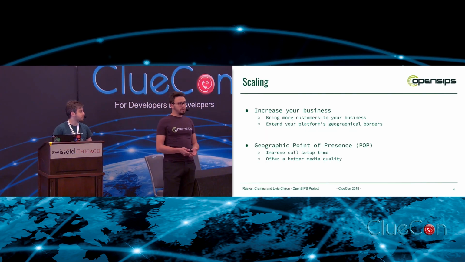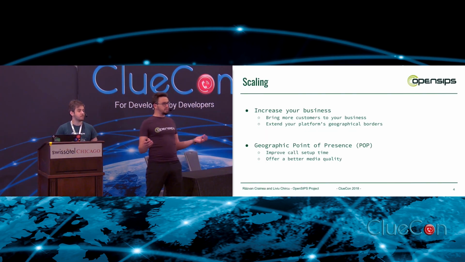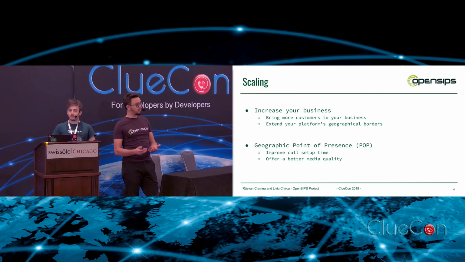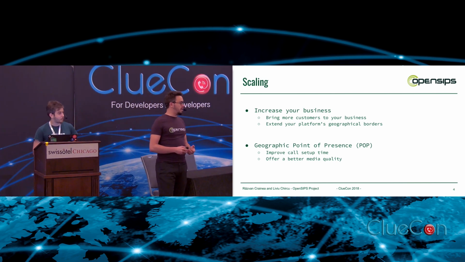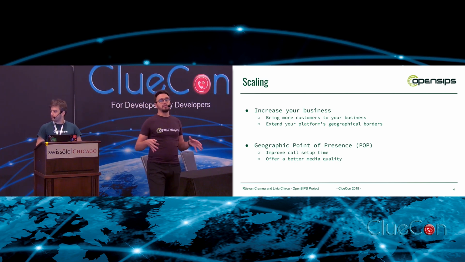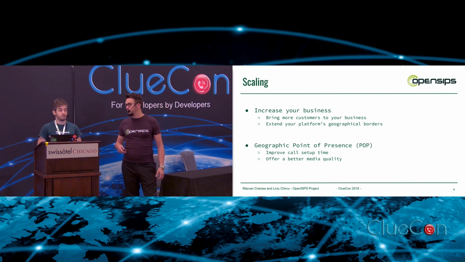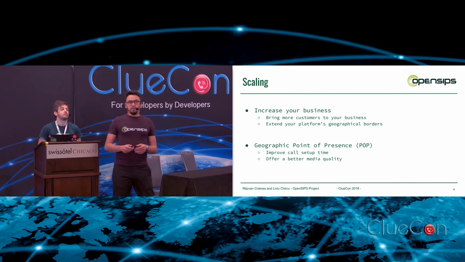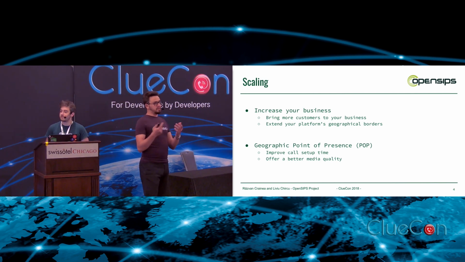So why go global? That's very simple. You want to scale out, probably horizontally, because you want to bring more customers to your business, and you want to get out of the small community that you started your business from. And you probably soon find out that one single server doesn't scale.